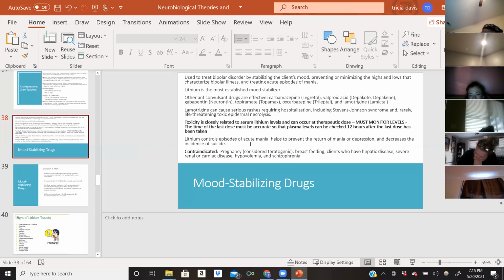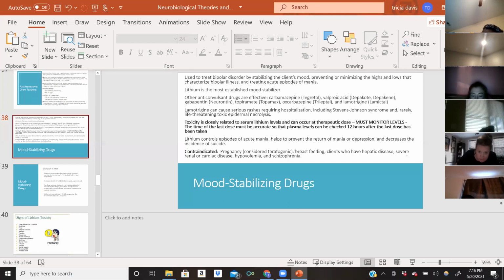Lithium controls episodes of acute mania. It helps to prevent the return of mania or depression, and it has been known to decrease the incidence of suicide. It would be contraindicated in patients who are pregnant because it can be very harmful to the fetus. It does cross into the breast milk, so we don't want to give it to our breastfeeding moms.